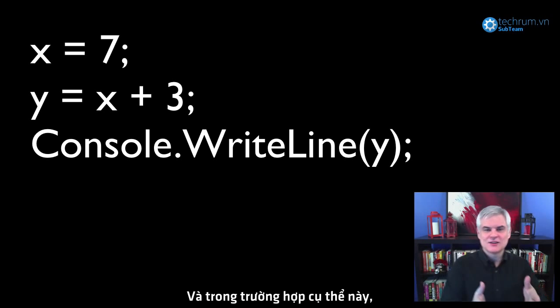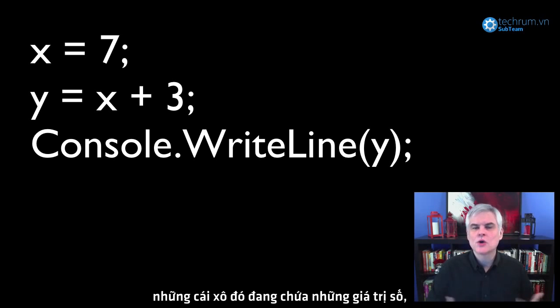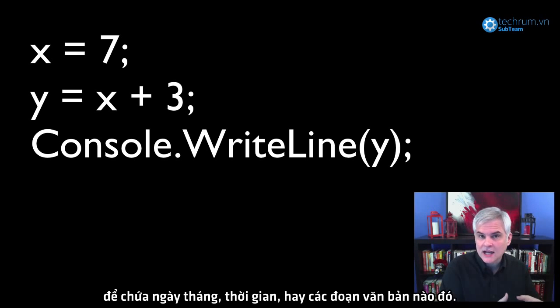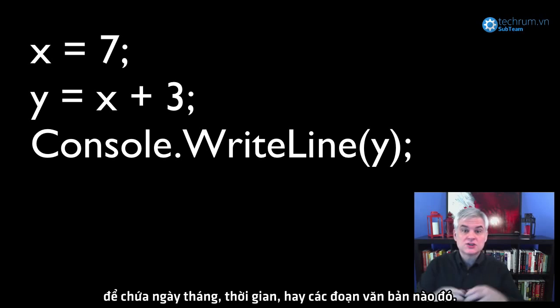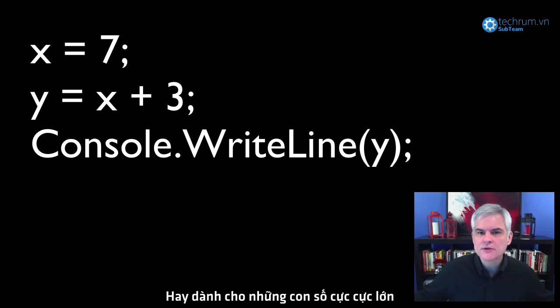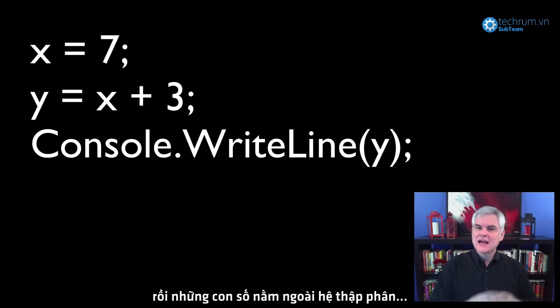And in this particular case, these buckets are just holding numeric values, but we could create buckets that are just the right size for dates and times, for strings or passages of text, for really, really big numbers, or numbers that have values after the decimal places, and a lot more.